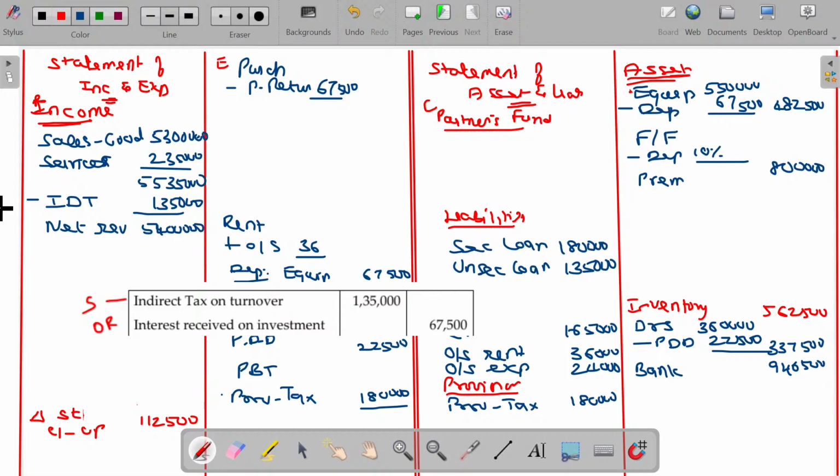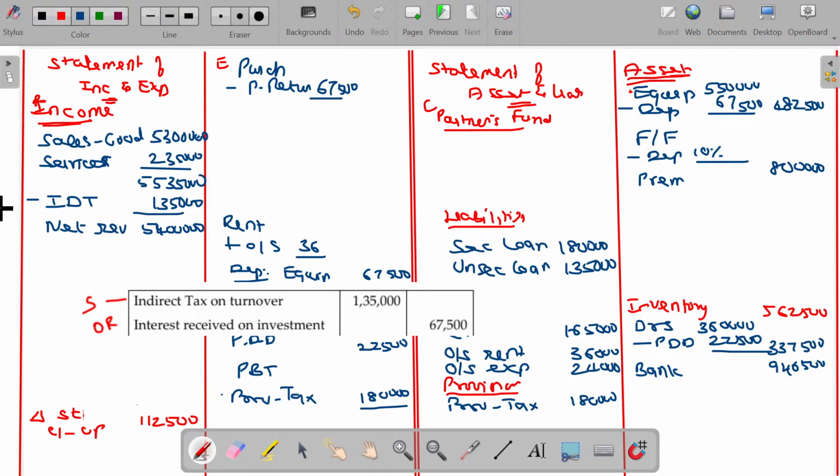See, if you go to the shop and purchase an item for rupees 100, immediately the seller demands 18% GST. How much do you have to pay? 118 rupees you are paying. Now, what is the revenue to the seller? For the purchased item, you paid 100 plus GST 18, 118. Is it 118 or 100?